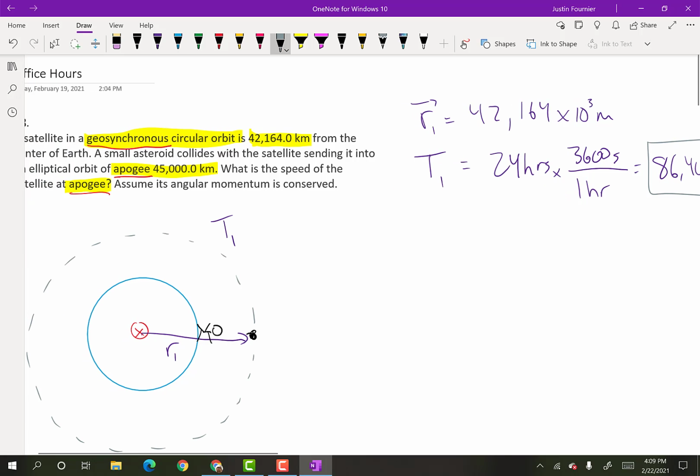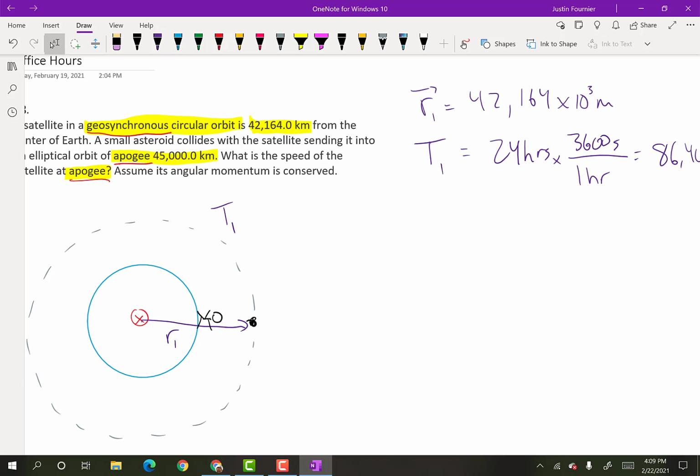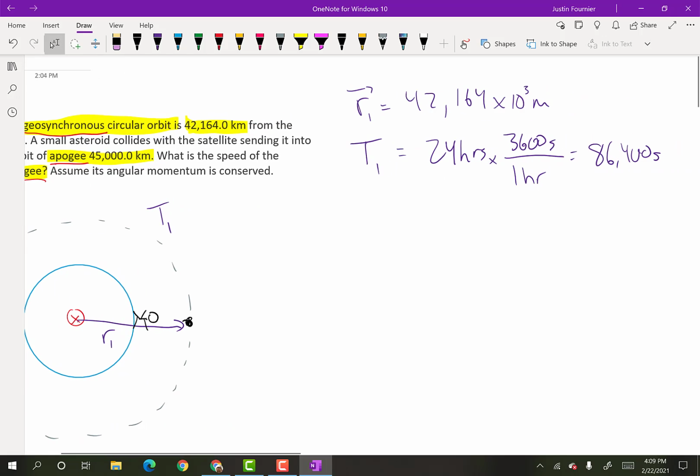That's going to be useful to me. I also wrote down that initial radius of 42,164 kilometers, which is times 10 to the 3 meters, so that's why I added it there. Now, if that's the period, what's the angular velocity?